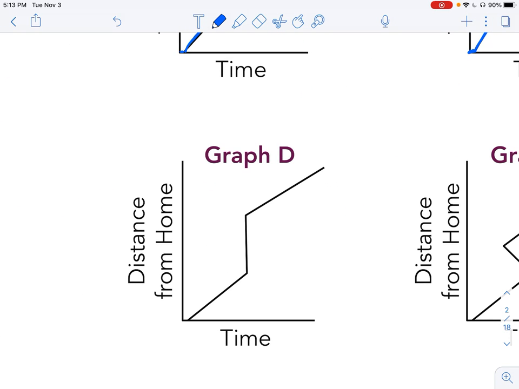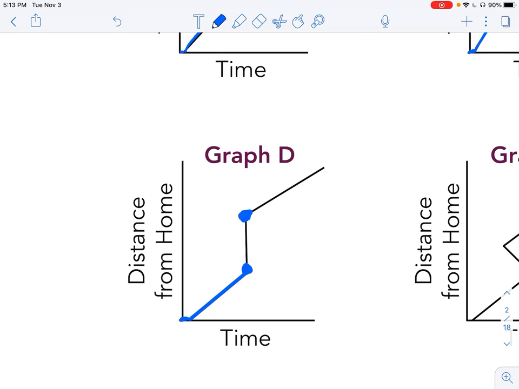Now this one, she got a little bit of distraction there. Right here, she starts to go to Grandma's, but somehow she was here and here at the exact same time.